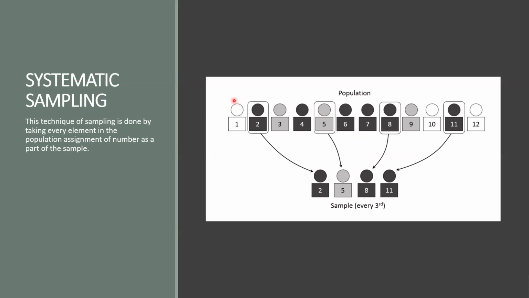Instead of starting the counting of every third individual from number 1, we have started from number 2. So number 2 will be selected, then count 3 individuals: 1, 2, 3. Then you have your fifth individual. From number 5, count again 3: 1, 2, 3. We have selected participant number 8. And lastly, from number 8, count again 3, and it would be your individual number 11.